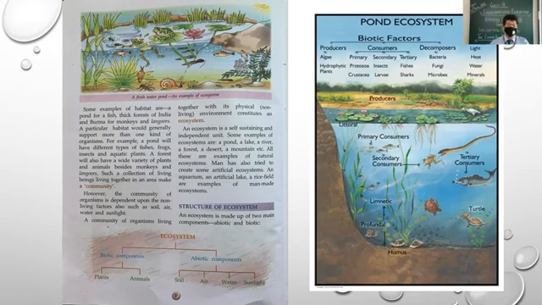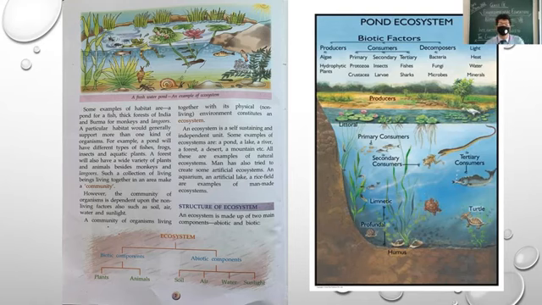However, the community of organisms is dependent upon the non-living factors also, such as soil, air, water, and sunlight. So, a community of organisms living together with its physical environment constitutes an ecosystem. An ecosystem is a self-sustaining and independent unit.